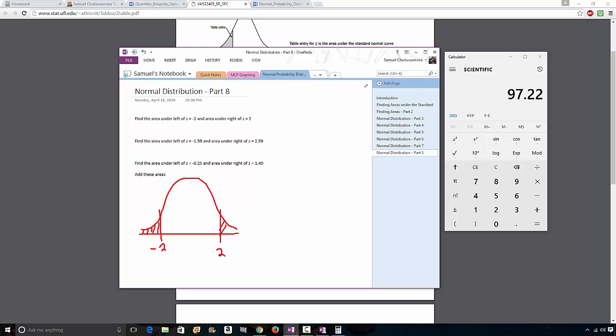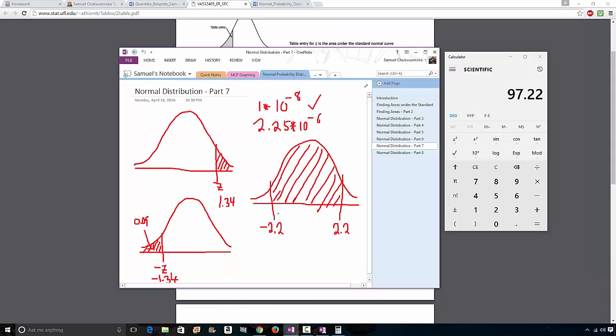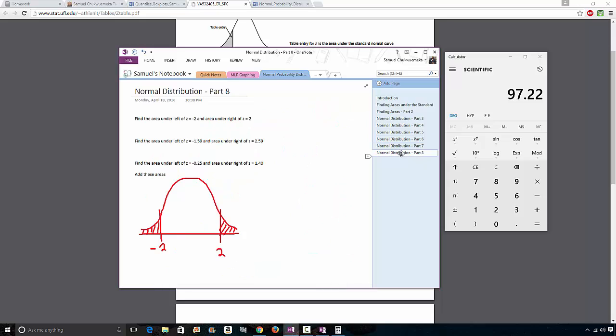And I think we've done this, so it's like a repetition. But that's fine. This here is 0.029. But anyway, let's find this area here.